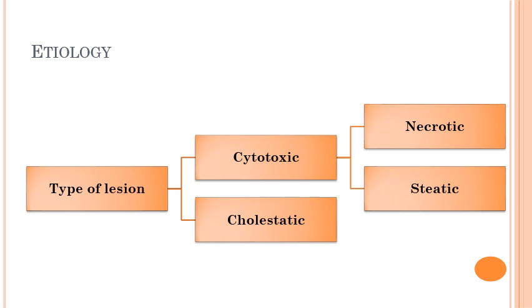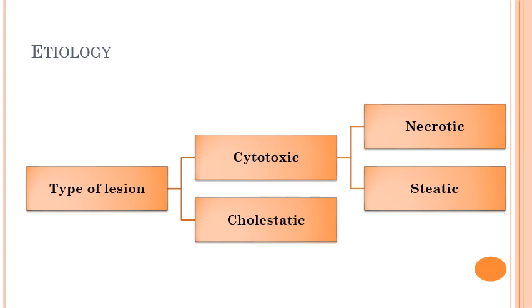The liver injury can also be classified on the type of the lesion. The lesion may be cytotoxic or cholestatic. The cytotoxic lesions have been further categorized into the necrotic or the steatotic. In the necrotic lesions, there is damage to the cells. The cells of the liver are destroyed due to the toxicity of certain drugs or the metabolites of the body.